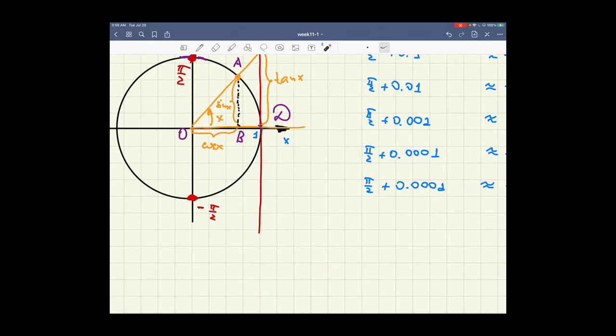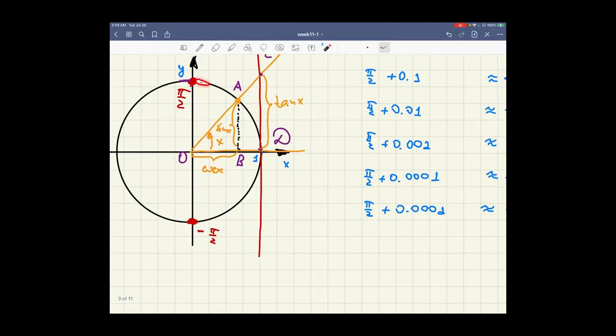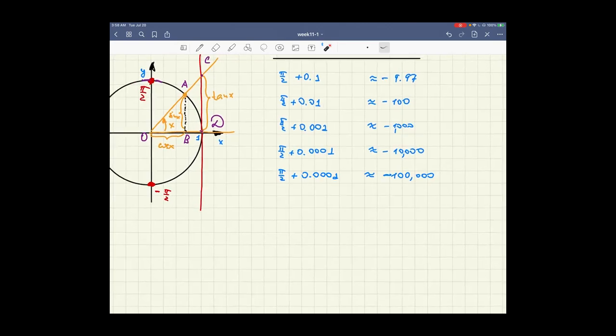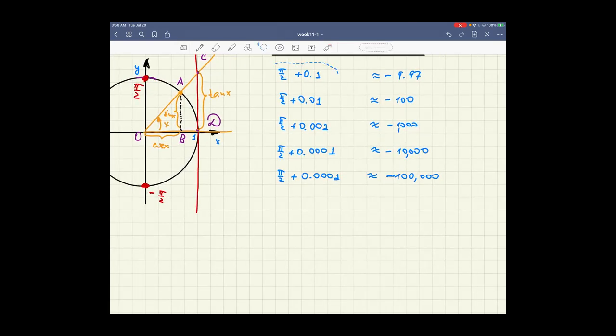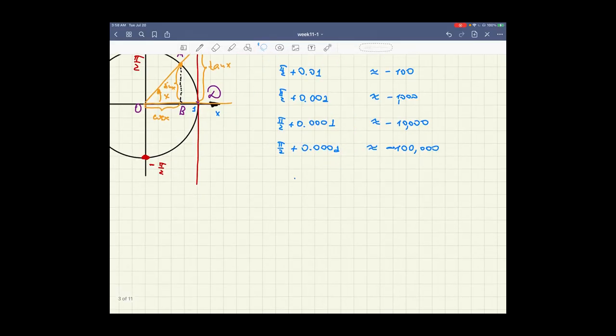Let's look at pi over 2 on the other side. So pi over 2 minus all these numbers. Let's see what happens then. This time we will be in the first quadrant, and we expect values of tangent to be positive. And as we will see, they will be huge positive.